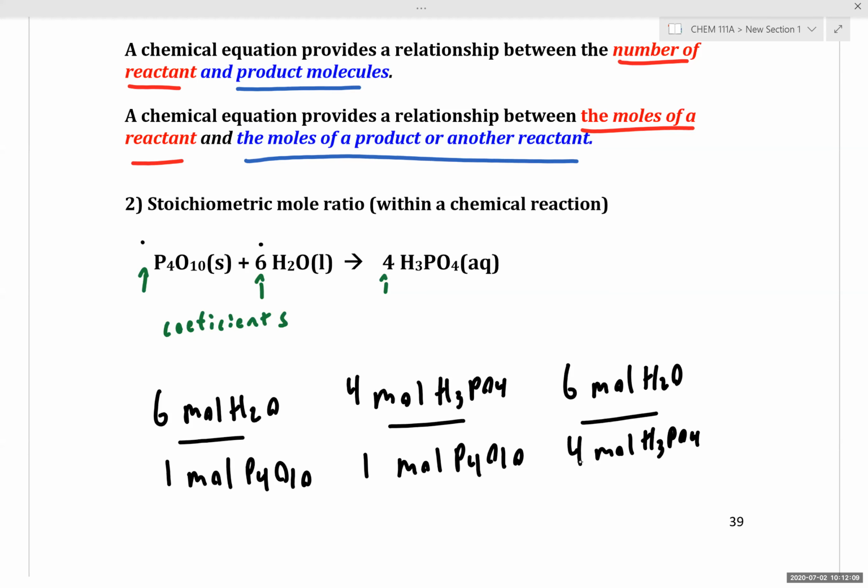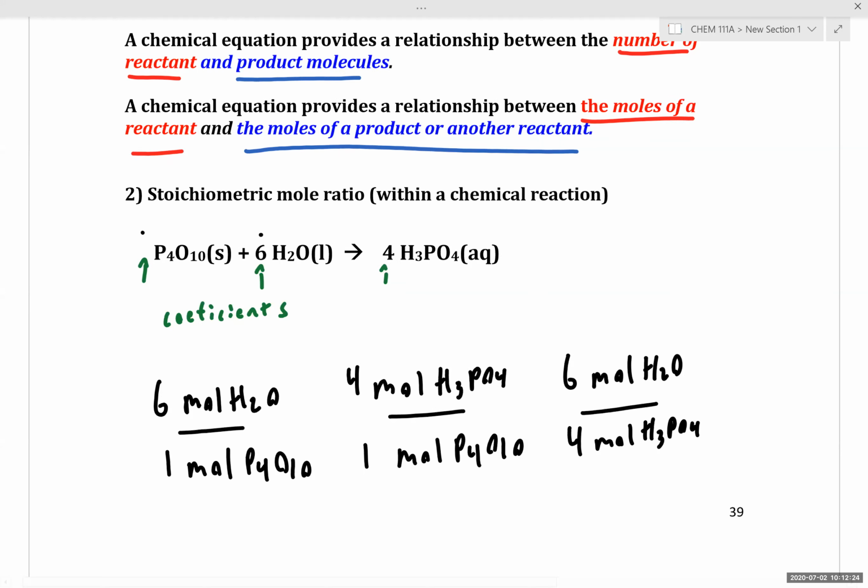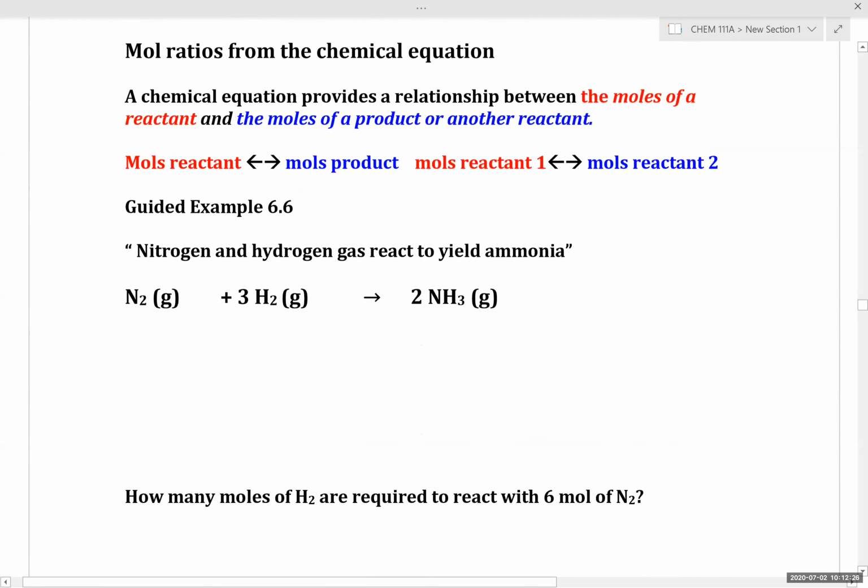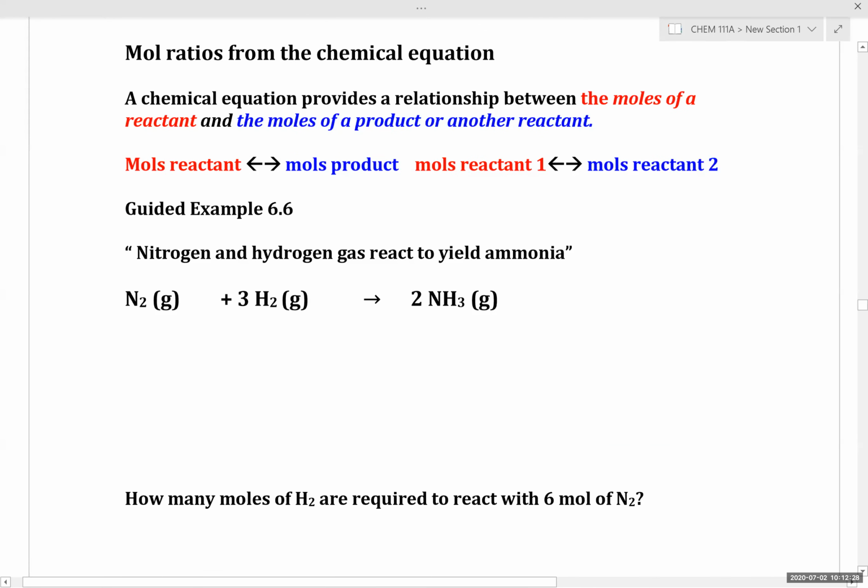So we can write out a range of mole-to-mole ratios by reading off our reaction coefficients. From this, we can apply our skill of mole-to-mole conversions from previous chapters in order to convert between moles of a reactant to moles of product and moles of a reactant to the moles of another reactant. Okay, so let's show how we can leverage this.